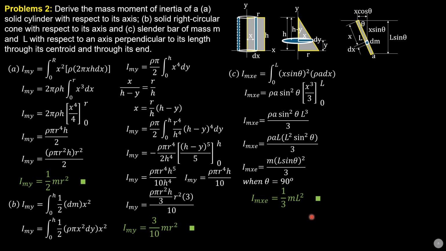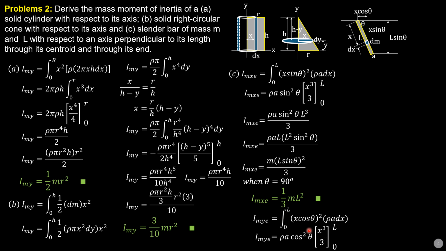Likewise, when we consider the moment of inertia with respect to this vertical axis here, the constant distance is x cosine theta. So I_myE is equal to the integral of (x cosine theta) squared times the differential mass, which is density times the differential volume A dx. Then the result would be equal to rho A cosine squared theta times the integral of x squared dx, which is x cubed over 3 again.